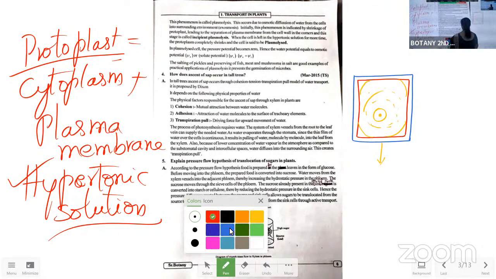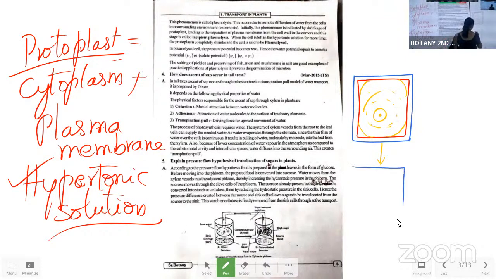Once the cytoplasm starts shrinking, all the cell organelles will come nearer to one another and the complete water levels will be lost. Okay. And then what is the function of the plasma membrane?